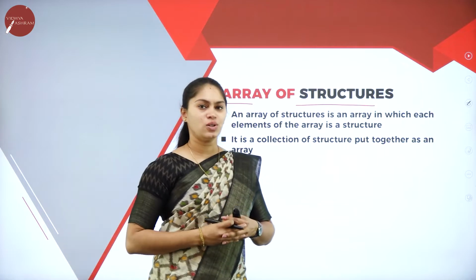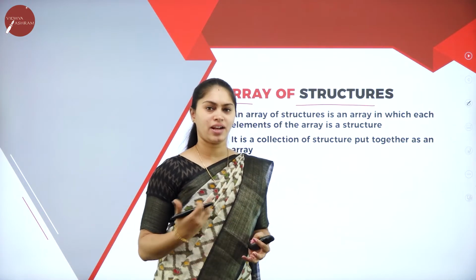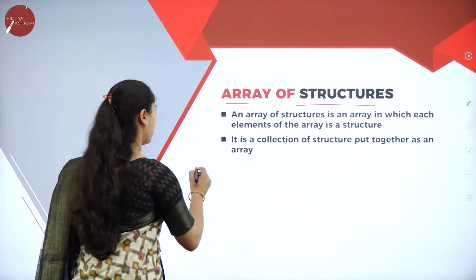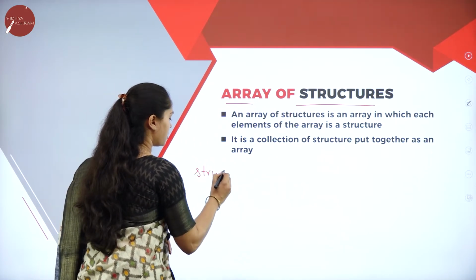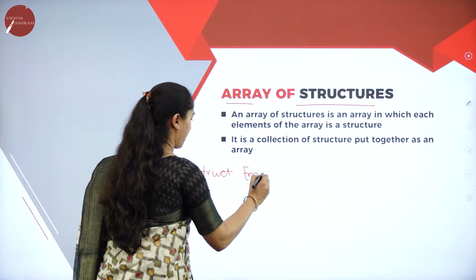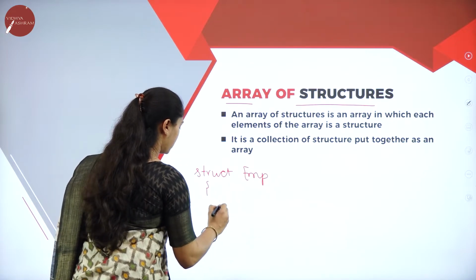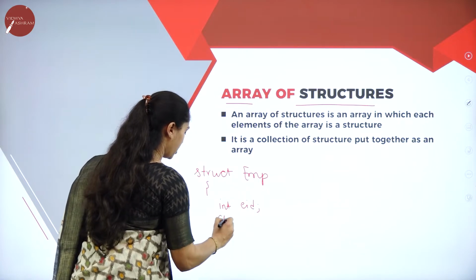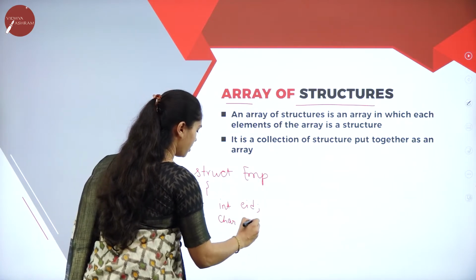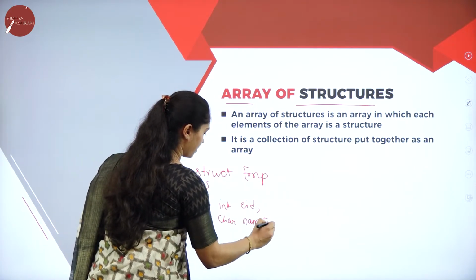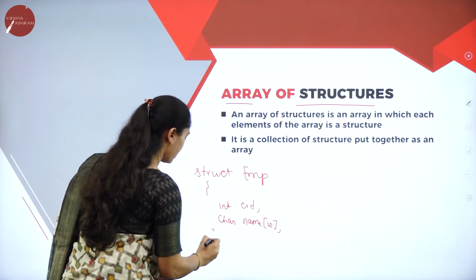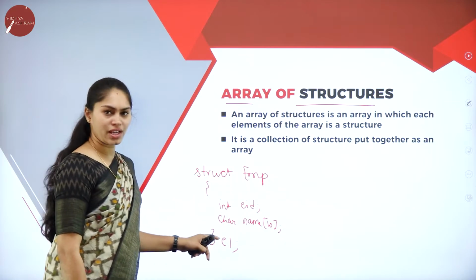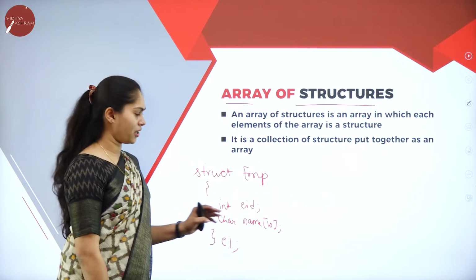If you consider student details or employee details, how are we going to create a variable? For example, let me consider struct employee, and I have an int employee ID, and I am going to take only a name, char name. And let me create one variable called e1. So e1 is a variable of the employee structure.